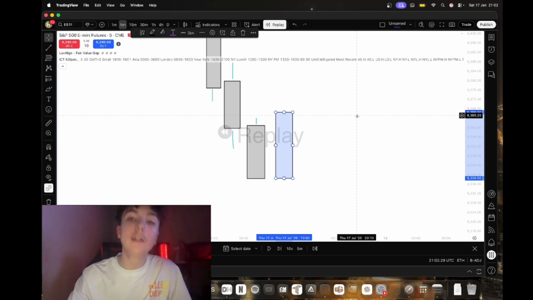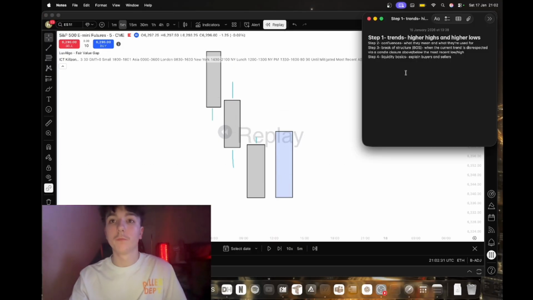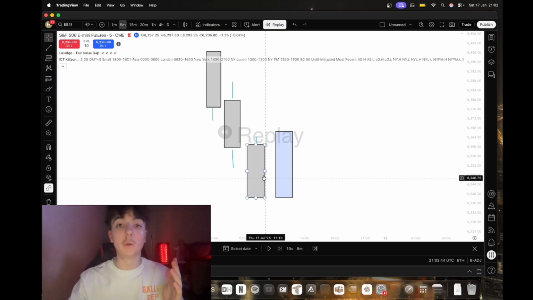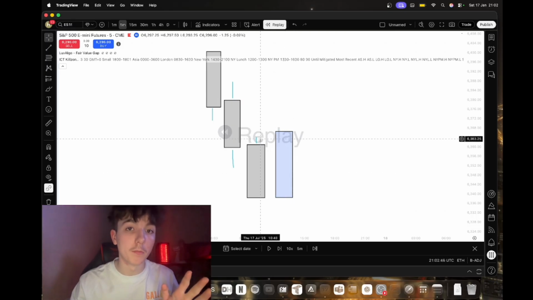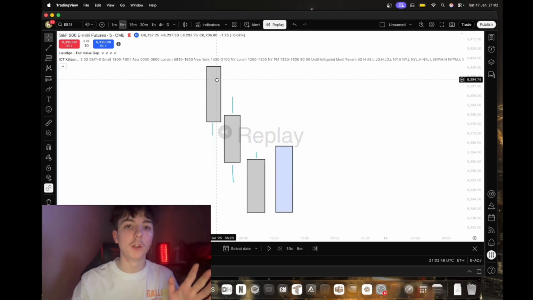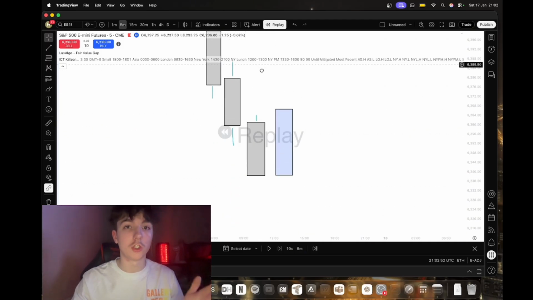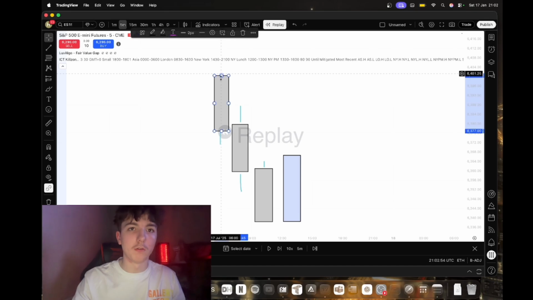So all a break of structure is, I've got the definition here, when the current trend is disrespected via a candle closure above or below the most recent low or high. So in terms of changing from a downtrend to an uptrend, it would be a candle closure above the most recent high. Now, if we were looking at an uptrend, it's just the reverse of this. So imagine we're moving up.